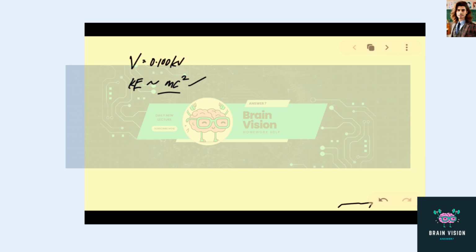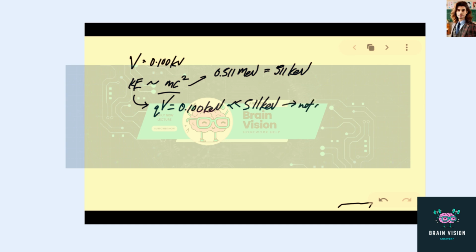In this case, for an electron, it is about 0.511 MeV or 511 keV. Now compare this with the kinetic energy, which is just Q times V, should be 0.1 keV. This is much lesser than the 511 keV rest energy. Therefore, this would not be relativistic.